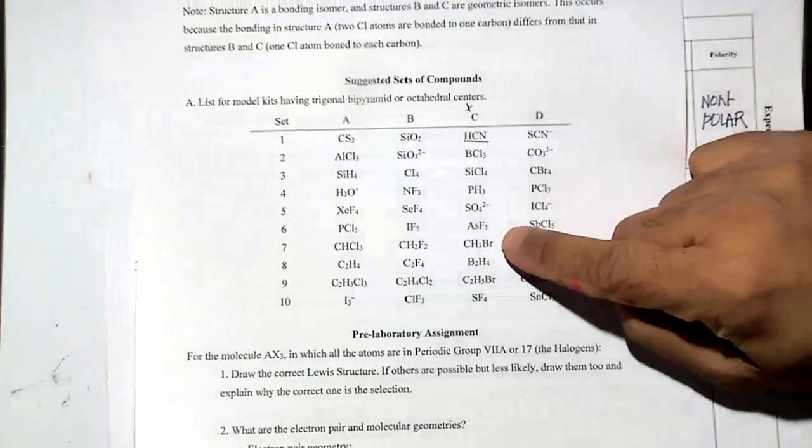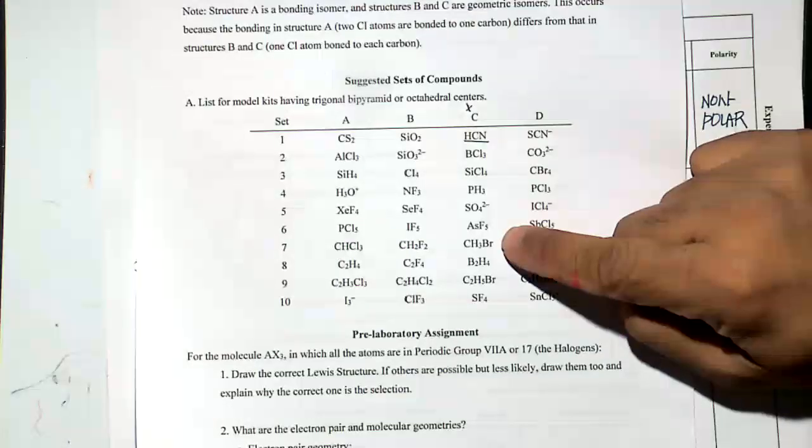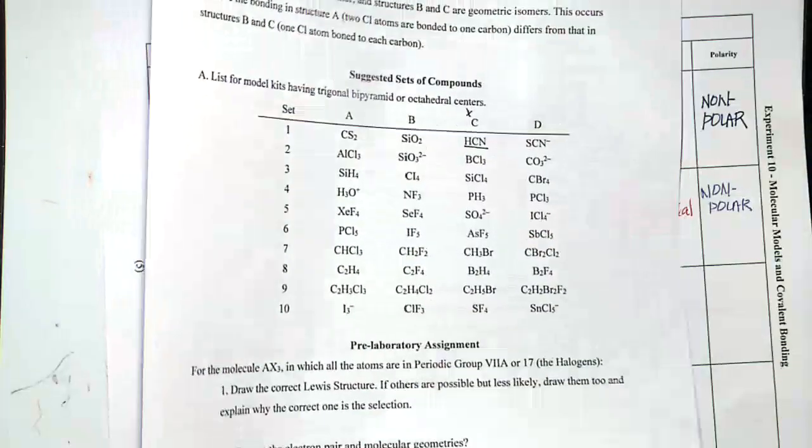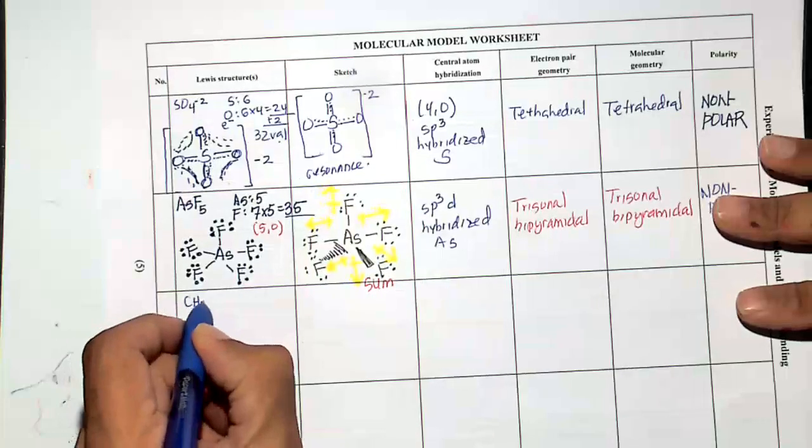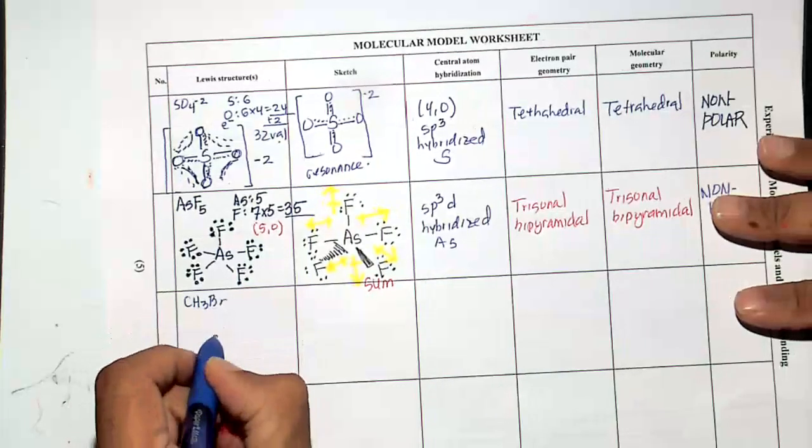All right, next on our list, we've got 4 more to go. Okay, we're almost done. Bear with me. CH3Br. How will we draw this? Carbon with 3 hydrogens and 1 what? Bromine. Yep. So CH3Br.